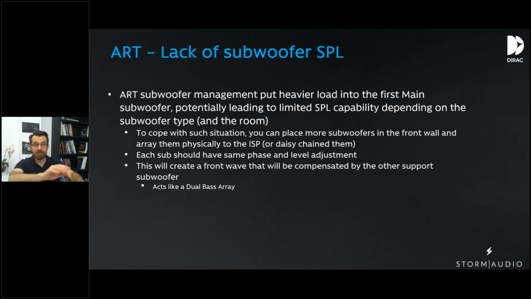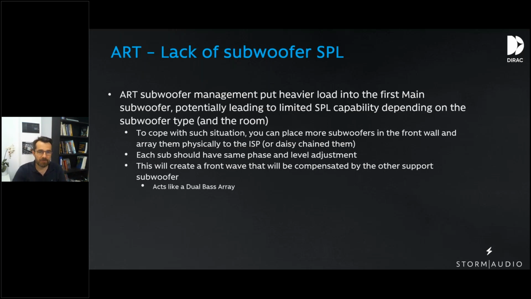So we physically daisy chained them, so the ISP only saw them as one sub. The first two subwoofers in the front wall were acting like one subwoofer. The other subs, we had 5 additional subwoofers in that room, were left as support to those 2 subwoofers. When you do that, you will create a front wave of low frequency.